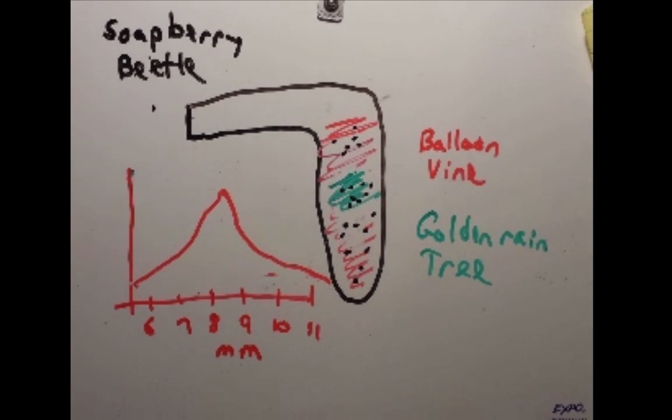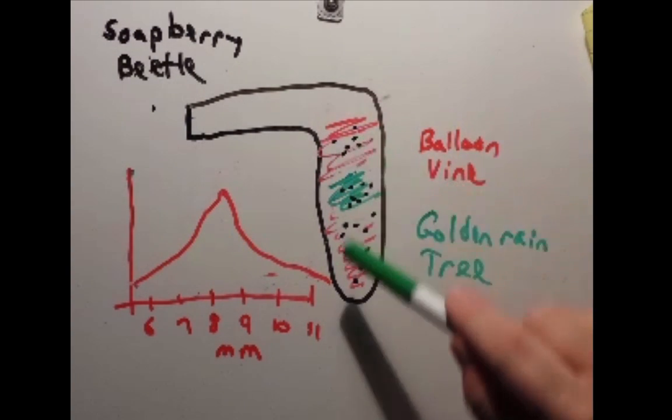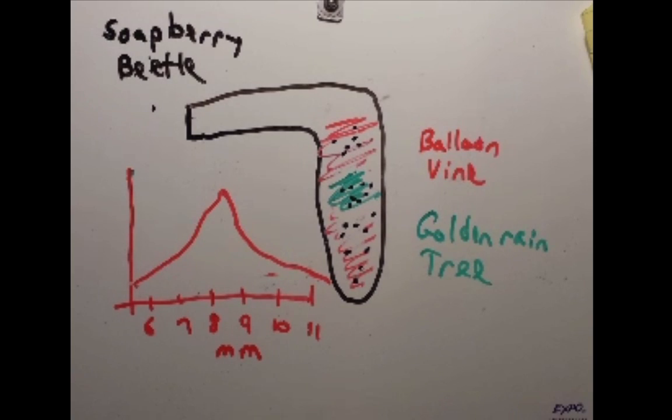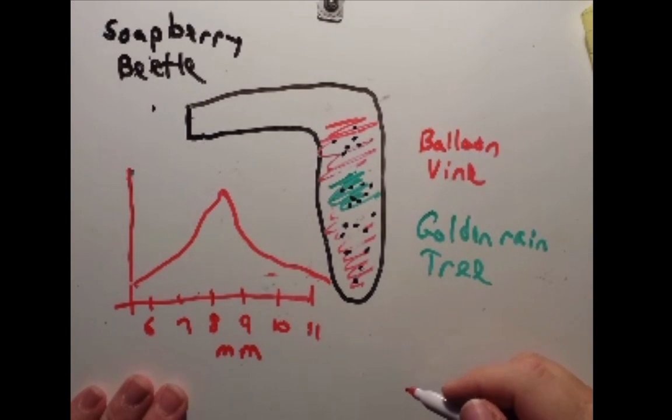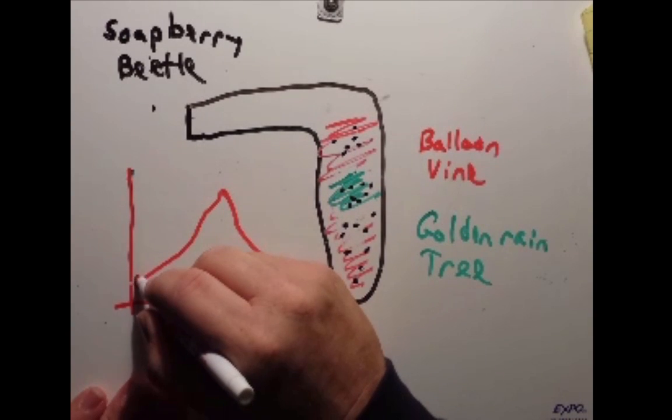Over many, many years, scientists went back and looked at the size of the beak of the beetles. And what they discovered was that in the regions where there was still balloon vine, the length of the beak did not change. It still had roughly the same kinds of distribution.